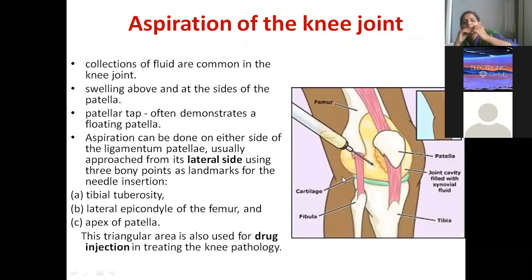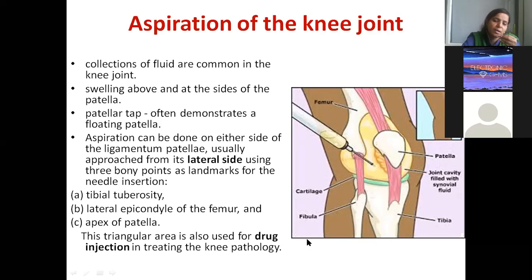Generally, we do aspiration of the knee joint when we suspect some infection, and also if we suspect some carcinoma, like cancer, osteomas. We can also give injections. Generally, corticosteroids are injected here in case of severe pain.